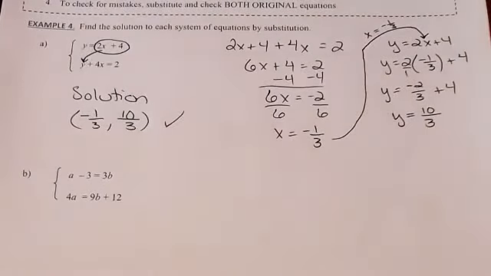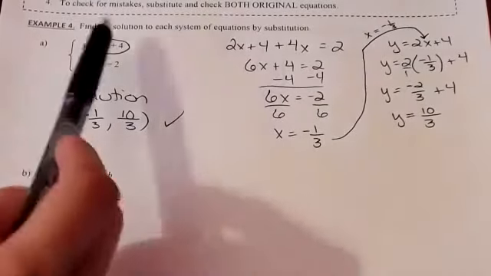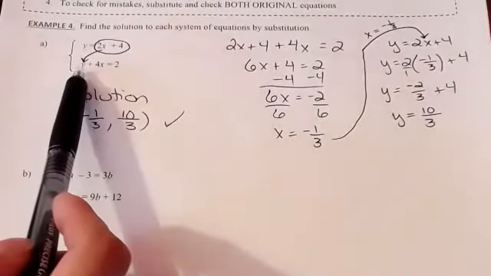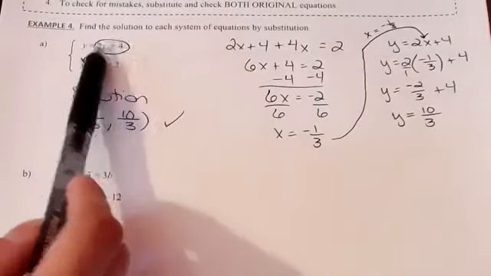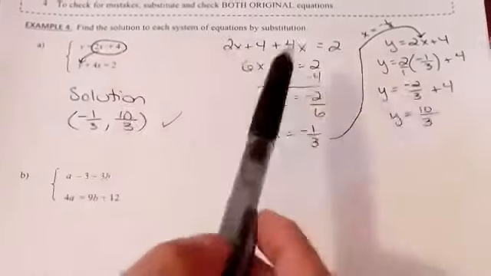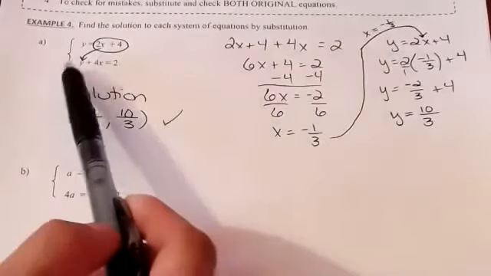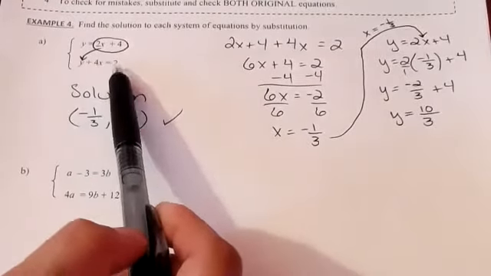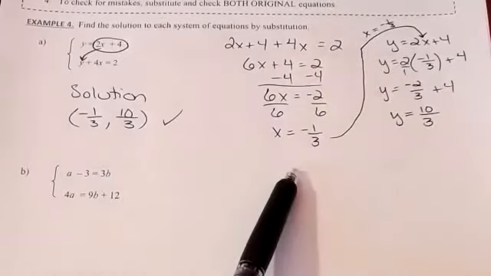Thank you so much. We looked at example A, where we noticed it was already set up where y is 2x plus 4. Well, if you were told that a variable had a specific value, wouldn't you just plug in that value into the other equation because it's a system? Yes, you would. So we essentially would be replacing this y with our 2x plus 4. We're making that substitution, and I have it written here. So we have 2x plus 4x equals 2, and then we combine like terms and solve.